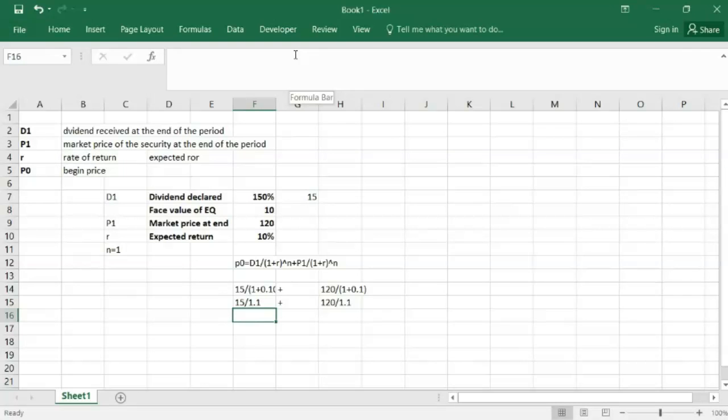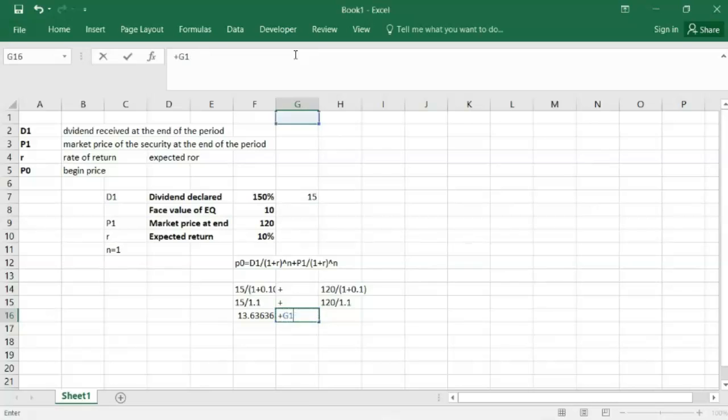One part we have taken here is 15 divided by 1.1. What is the value? 13.63636. It means the present value of the dividend of 15 rupees that I will receive after 1 year is 13.63.